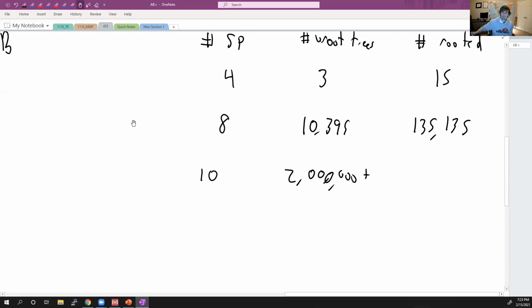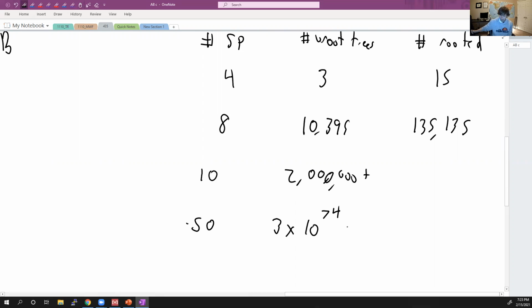And if we jump to, say, 22 sequences, well, let's just jump up to 50 sequences. That's going to jump to 3 times 10 to the 74th possible number of trees that could be made of 50 samples.